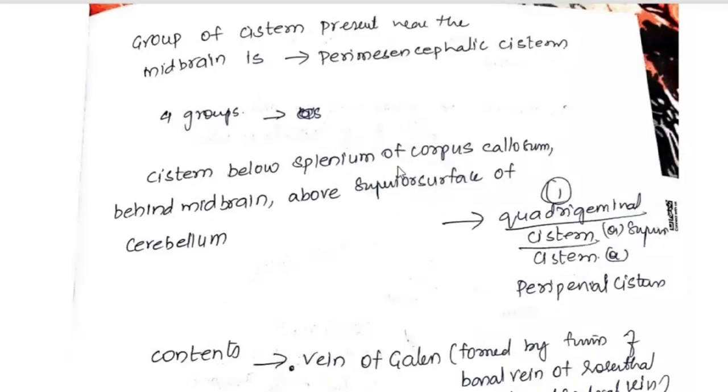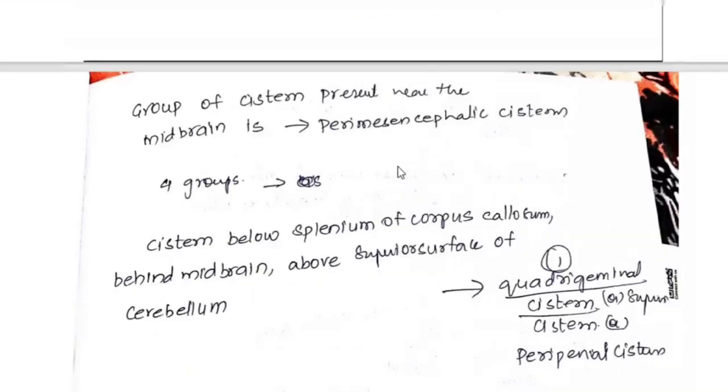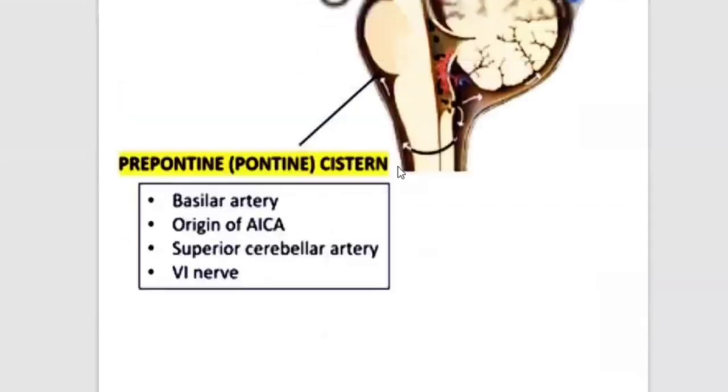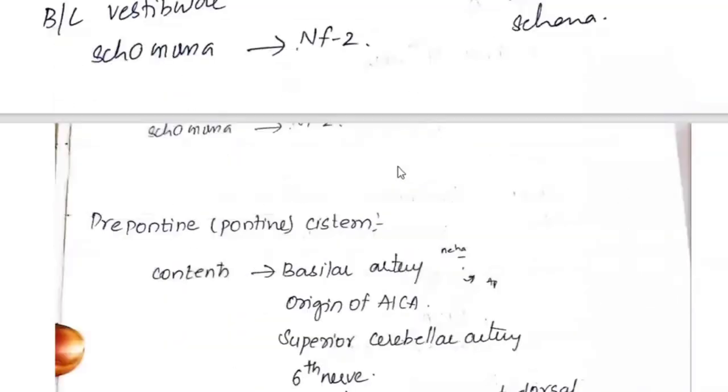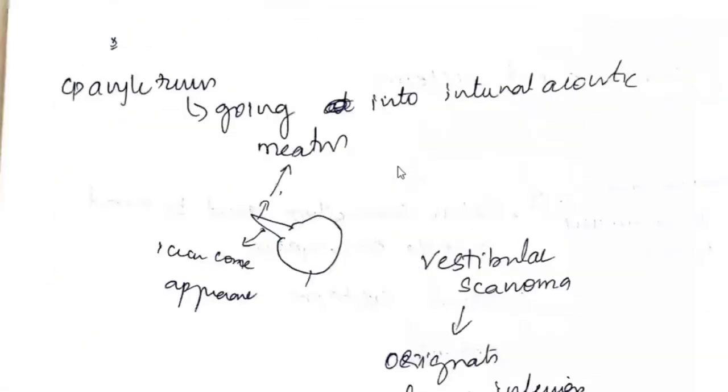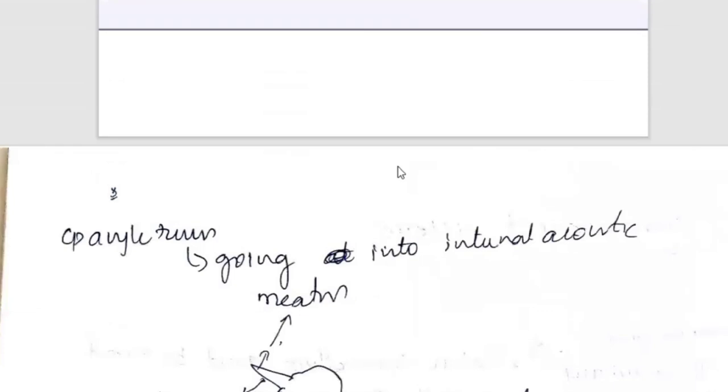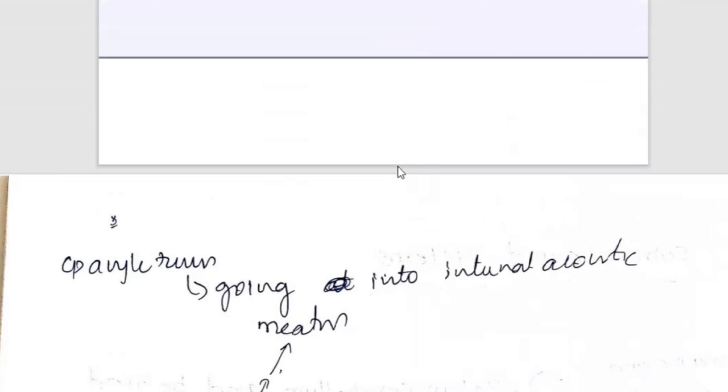Next. Now you understood what is the prepontine cistern and what is the CP angle cistern, and the cisterna magna. You understood three cisterns: cisterna magna, CP angle cistern, and prepontine cistern.